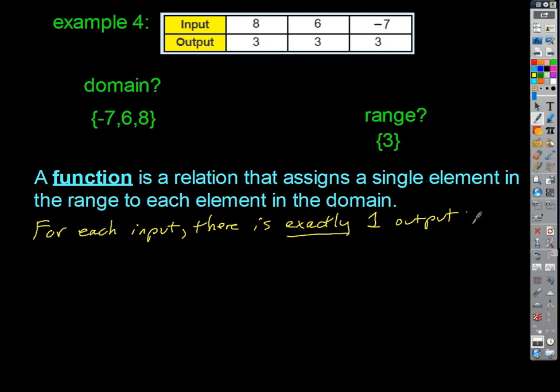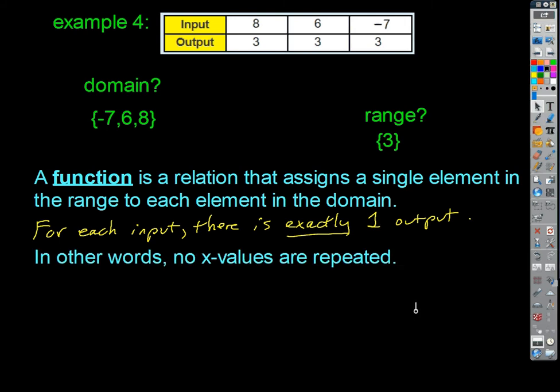That's the definition of a function. For every input, so typically for us, for each value of x, there's only going to be one output, one value of y. What that means is, and this will make more sense in just a second, that no input values or x values are repeated if we're writing it as ordered pairs, for example.